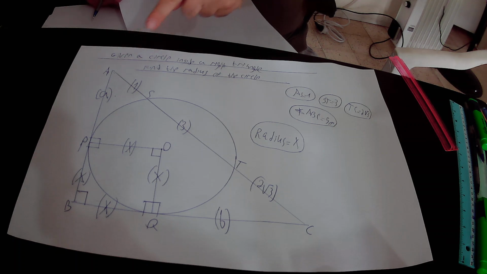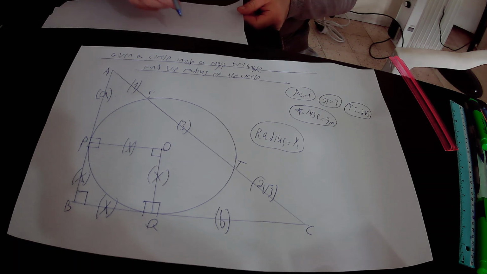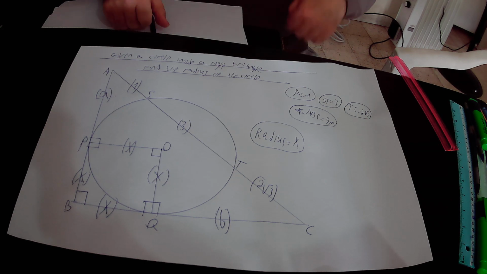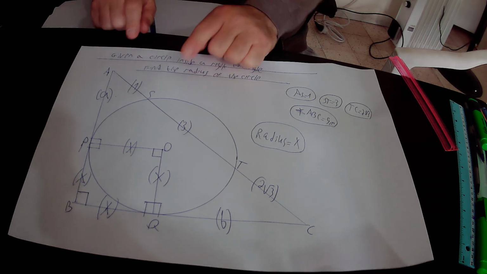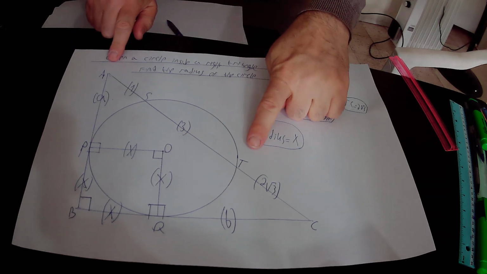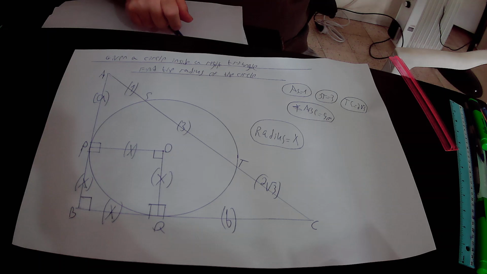AP is A according to our definition, therefore AP square is A square, and it equals AS, which is 1, times AT. AT in total equals 1 plus 3.